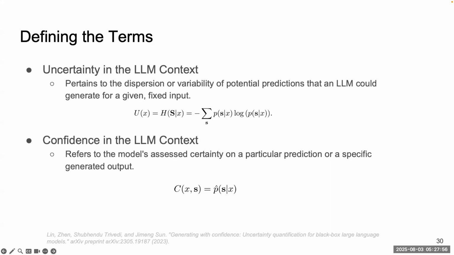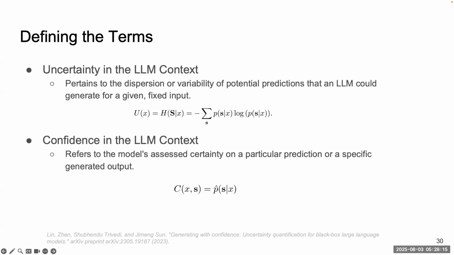If you write it out, this one here is an entropy, H is the entropy. You can use this equation here. It's saying I'm quantifying, given this input, the entropy of all the generated outputs.